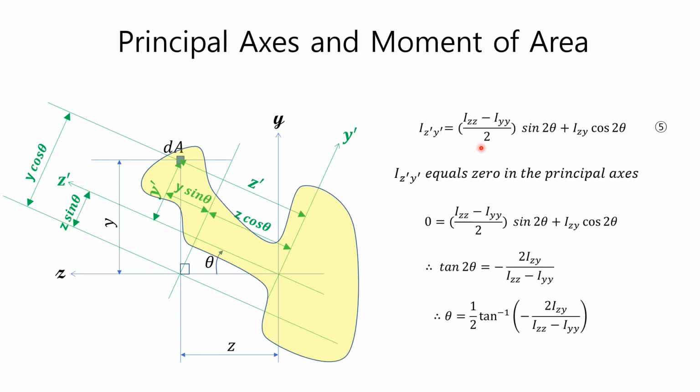The principal axis can be derived from the equation for the product moment of area. We know that the product moment of area equals 0 in the principal axis. Therefore, substituting 0 into equation 5 for Izy prime, we can get the angle theta from the reference axis to the principal axis. Theta is a directional angle, as I explained.